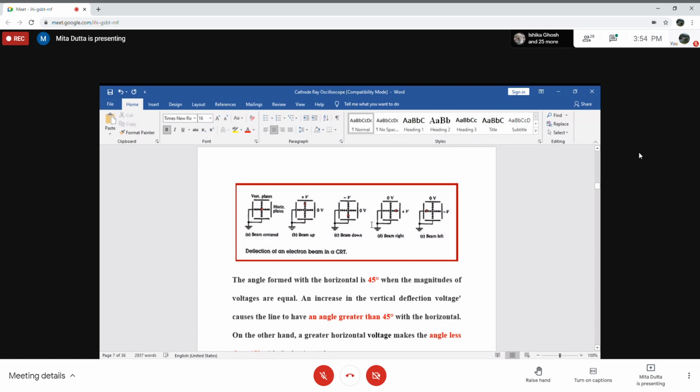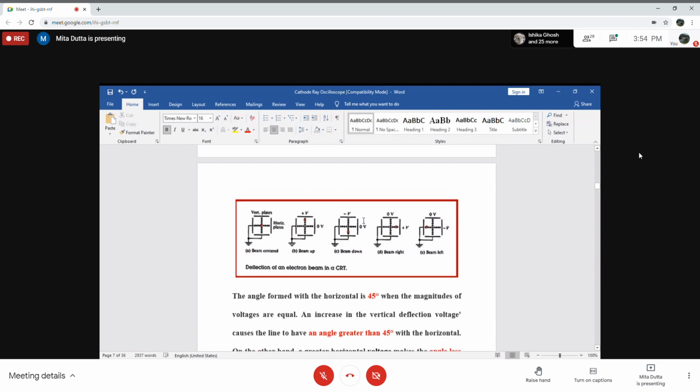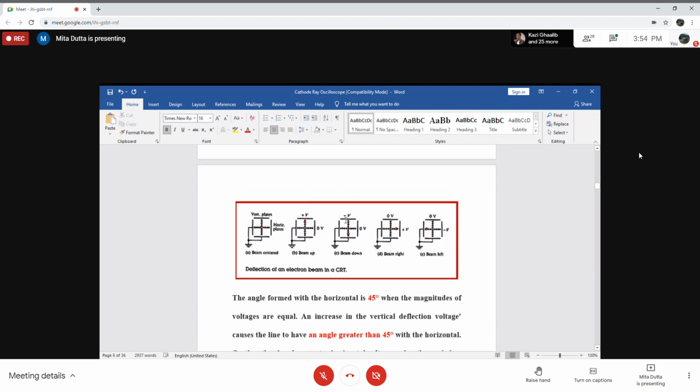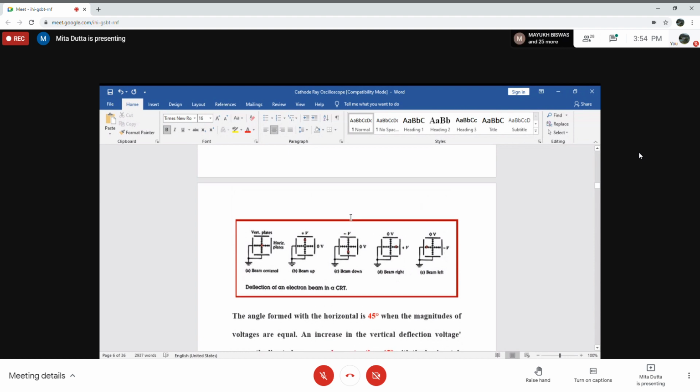And if an equal voltage is applied to both vertical and horizontal plates, then what will be the deflection? Zero? Same voltage, so zero? No ma'am, one minute.